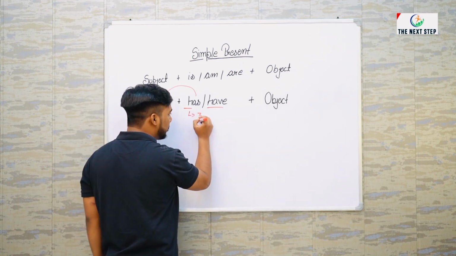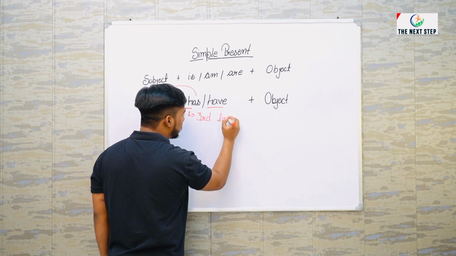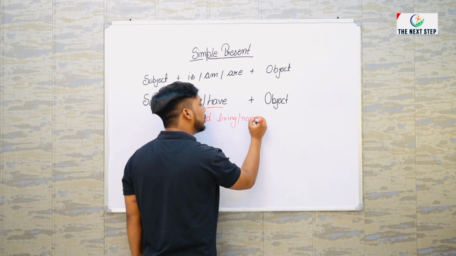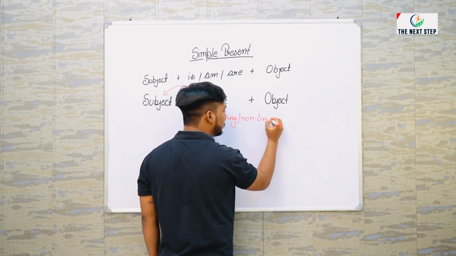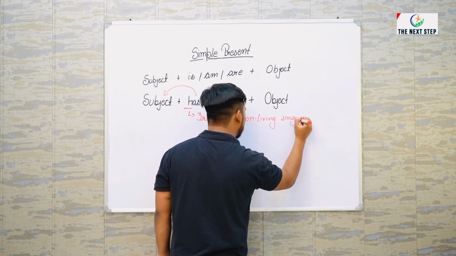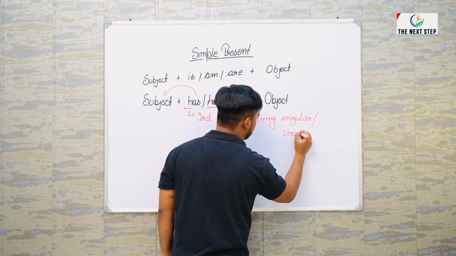First, let's see where we can use has. Has we use for third person, living or non-living, singular or uncountable.